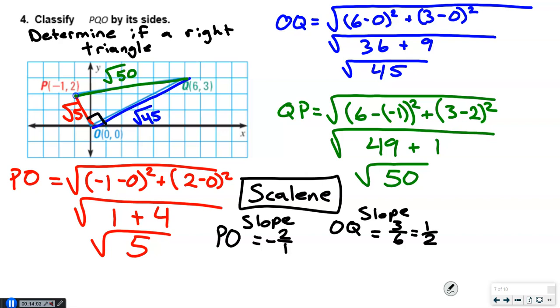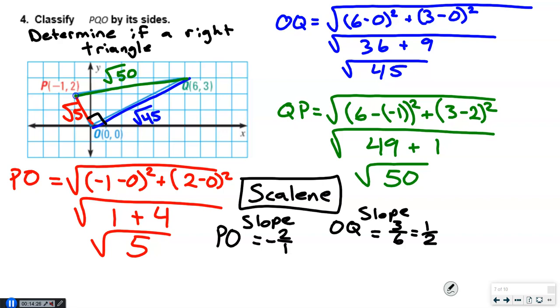Now, a little hint or trick. I knew to start with the square root of 5 and square root of 45 because they're the shorter side lengths. In a right triangle, you have 2 legs and a hypotenuse. The hypotenuse is the longest side.